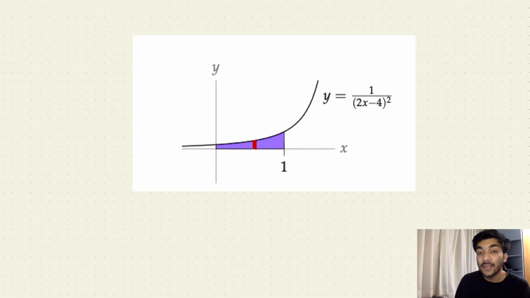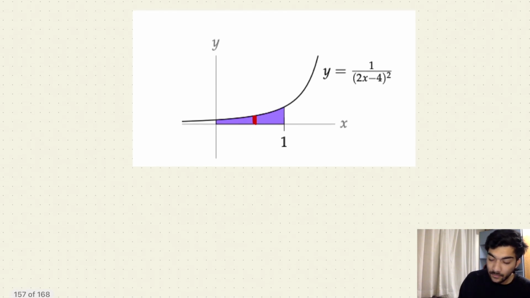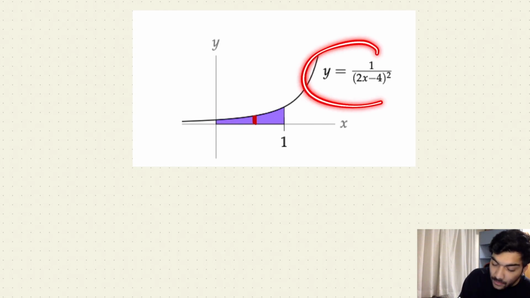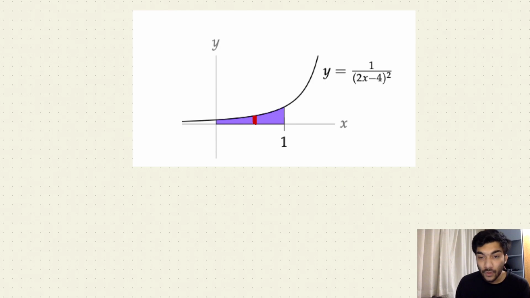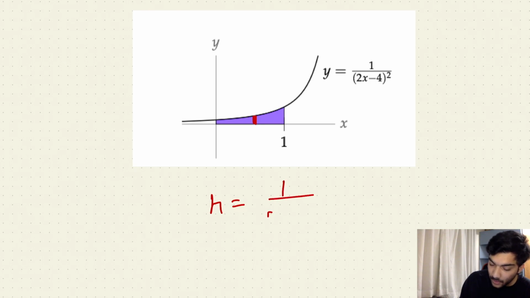Now, to calculate the area bounded in purple color, we'll first calculate the height of our vertical strip. Since this is y equals 0 and this is y equals 1 upon (2x minus 4) whole square, the height of a vertical strip would be our upper y value, which is 1 upon (2x minus 4) whole square, minus the lower y value, which is 0.